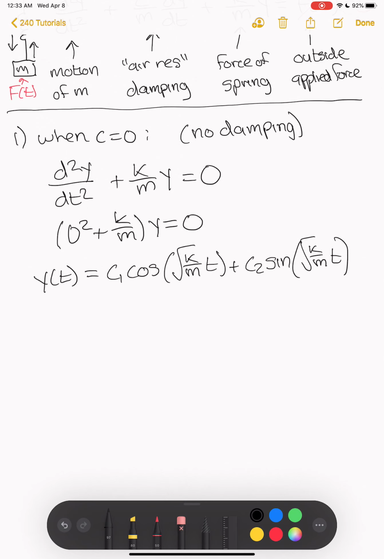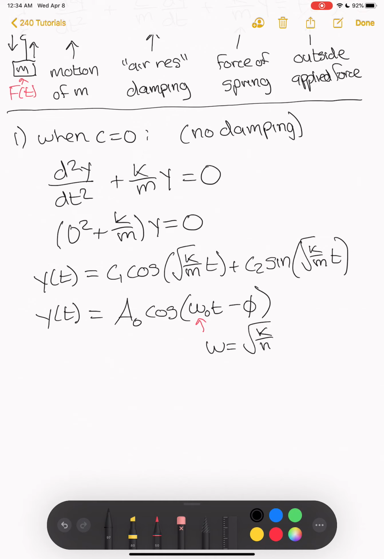And what someone has done is they've played around with the solution. And so the one you'll be writing most of the time on your exam is this one here. So you have some amplitude A naught, you have cosine of omega naught t minus phi. So this omega naught here is defined just by the square root of k over m.